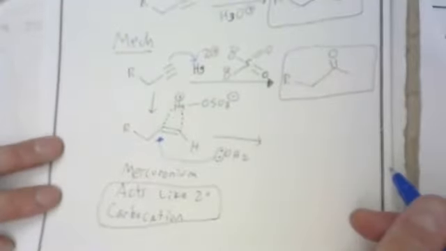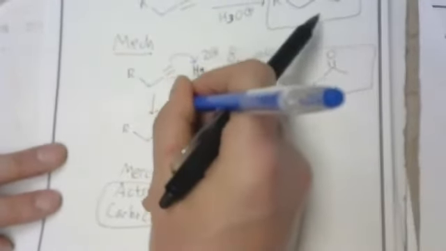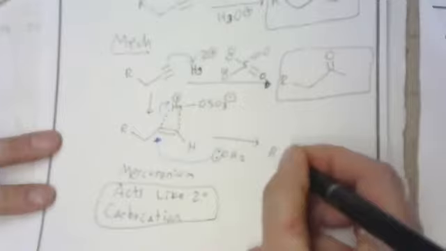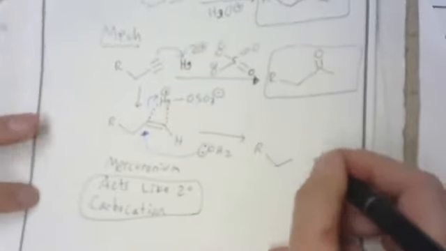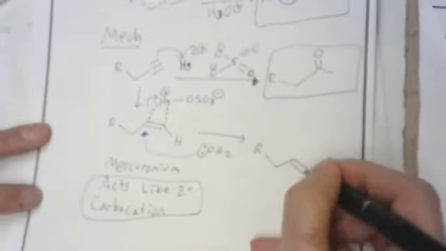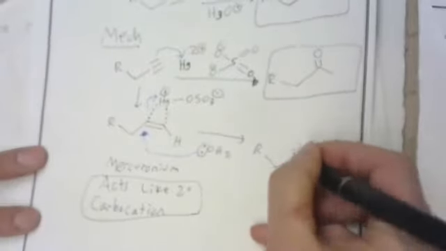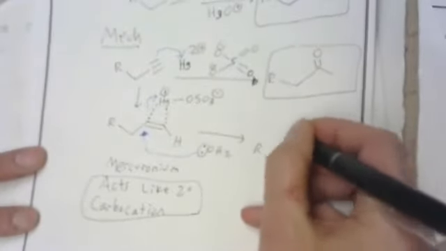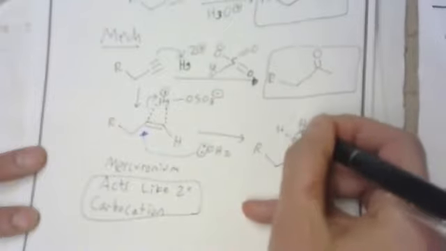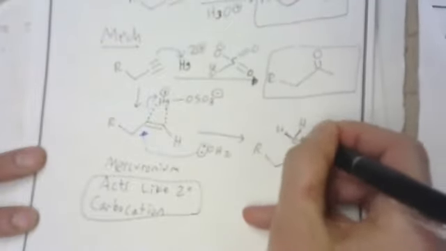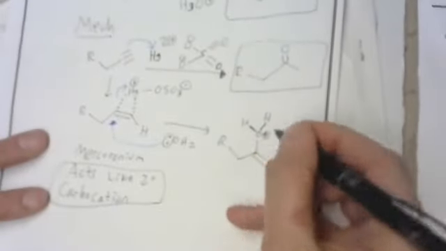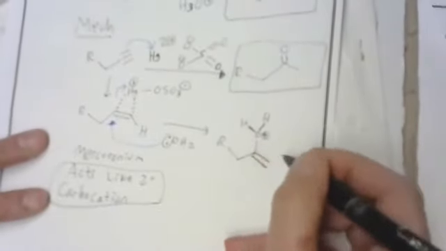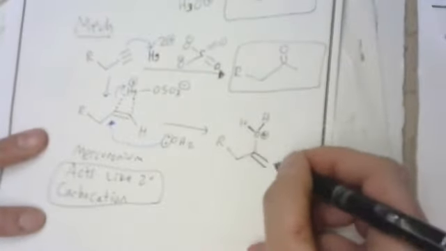Okay, so the water attacks the secondary position, kicks the electrons onto the mercury. And what do we get? Water is attached now, with a plus charge, and we have our mercury group on the next door carbon.